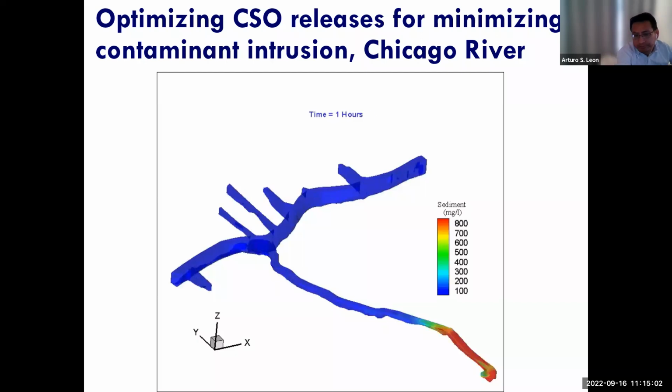Okay, and this is again the Chicago River. Whenever you have a combined sewer overflow, you need to decide when is the best time. If you are going to release wastewater to the river, you need to know when is the best time to release it, because the conditions are not the same during the morning, the afternoon, and the evening.